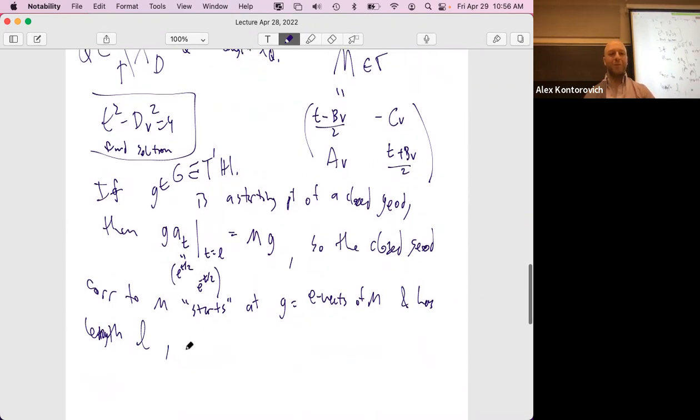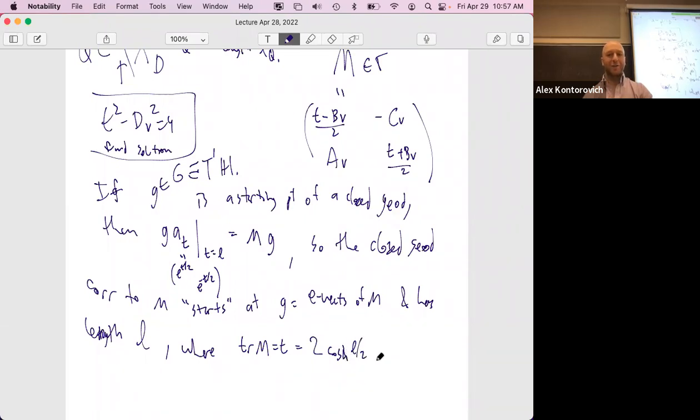But what's the relationship with the trace? The trace of M, which is, by the way, T by construction, exactly this T, is equal to, on the other hand, the eigenvalues of M are e to the L over 2 and e to the minus L over 2. Invariance under conjugation.